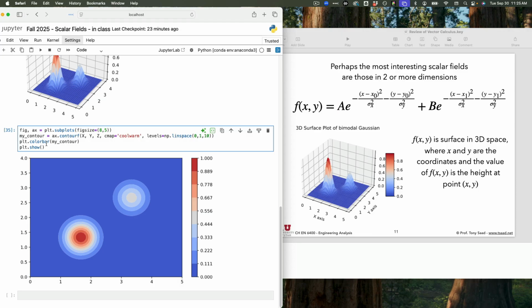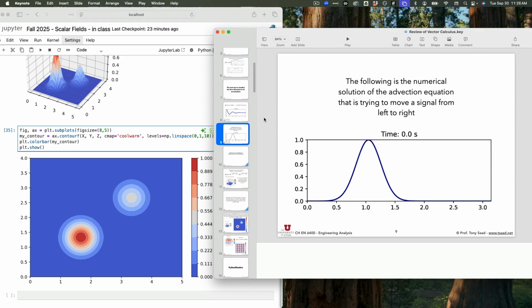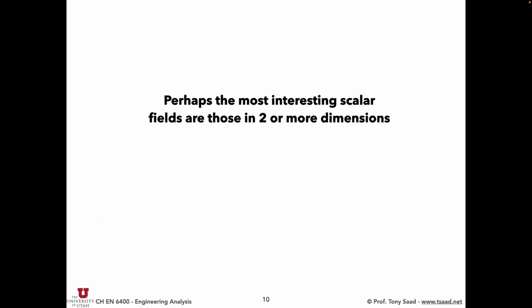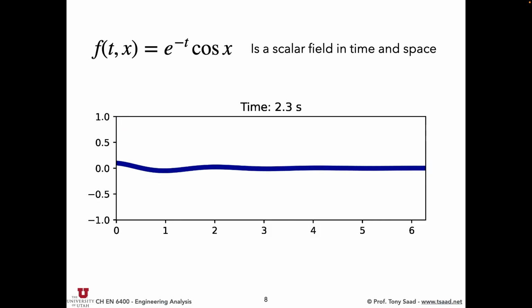In the 1D case in space, let me go back to this animation, for example. Notice what I did. I fixed the y-axis, and then as it decayed, you saw that it was decaying.